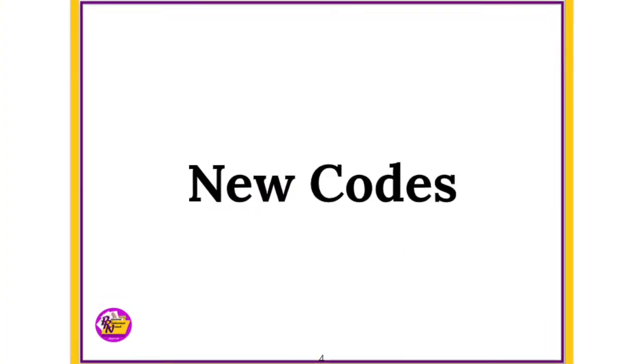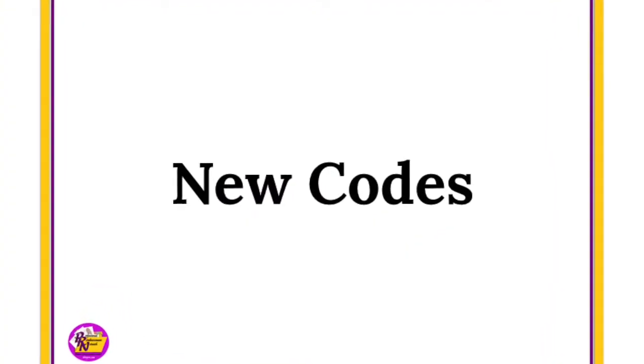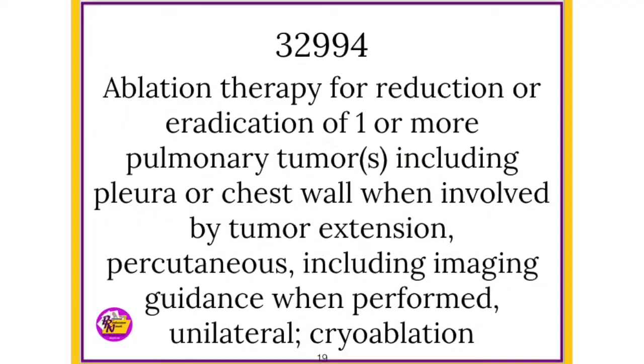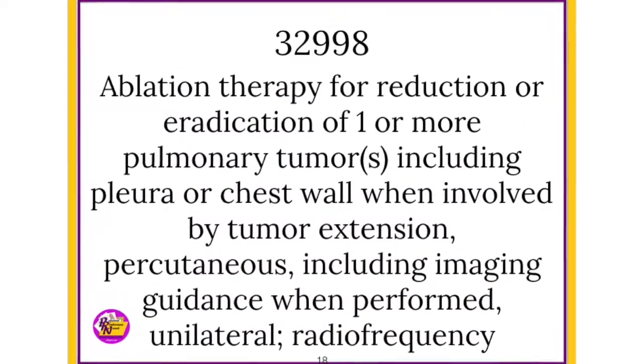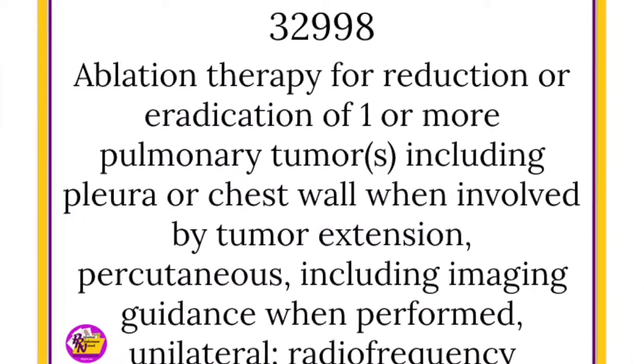Also, code 0340T has been deleted from the Category 3 codes and converted to Category 1 code 32994. In addition, code 32998 has been revised to accommodate the establishment of code 32994 to report ablation therapy of pulmonary tumors performed via cryoablation.